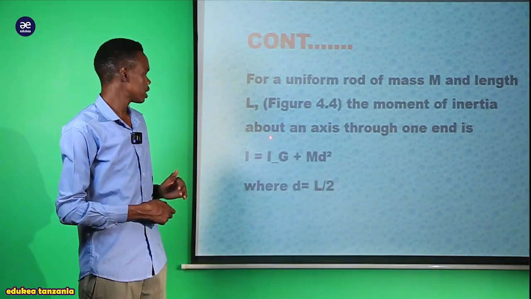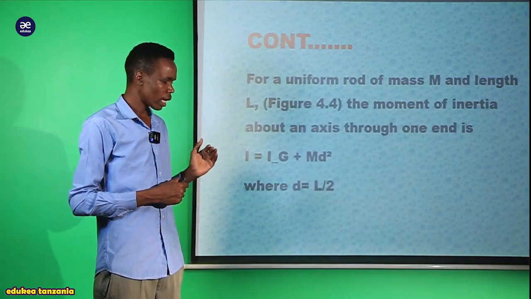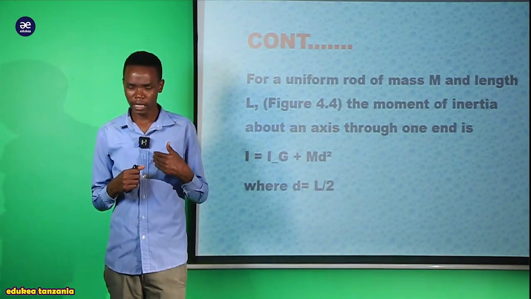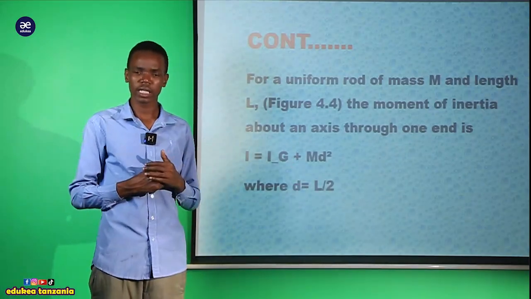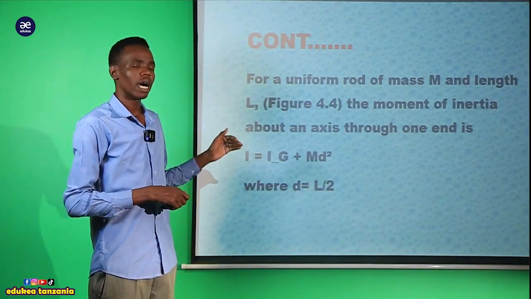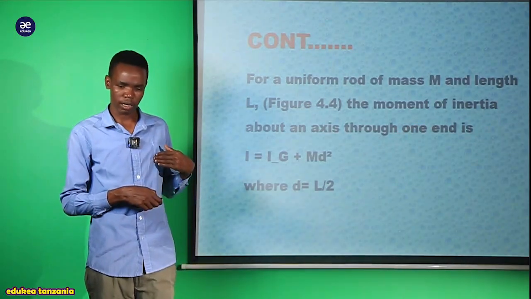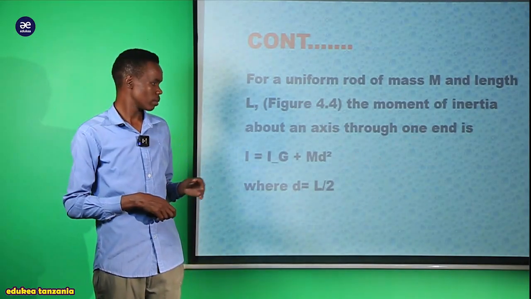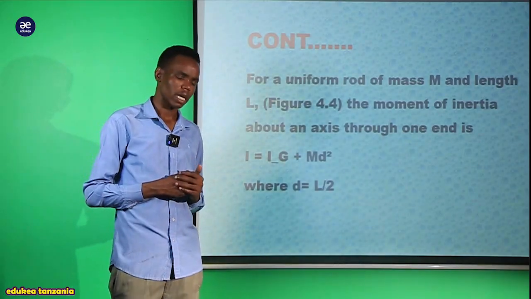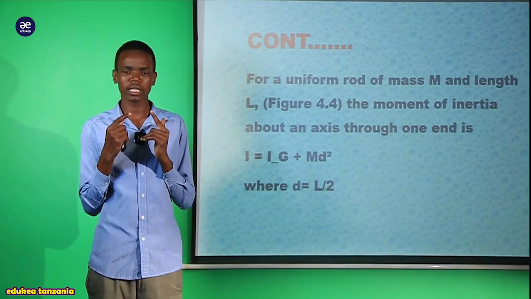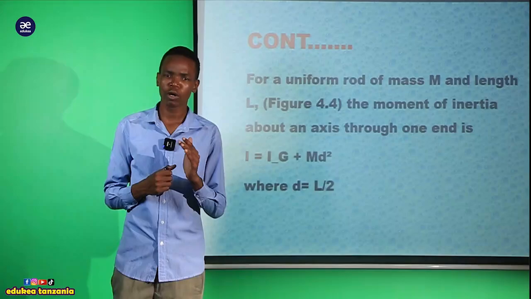The moment of inertia about an axis through one end is given by this. As we know, through an axis we can get the moment of inertia by taking the moment of inertia through the center, then adding the mass times the distance squared. But remember that we are focusing on our uniform rod.